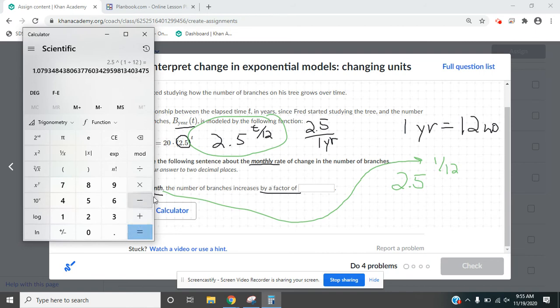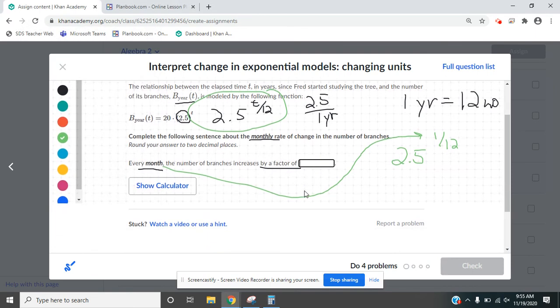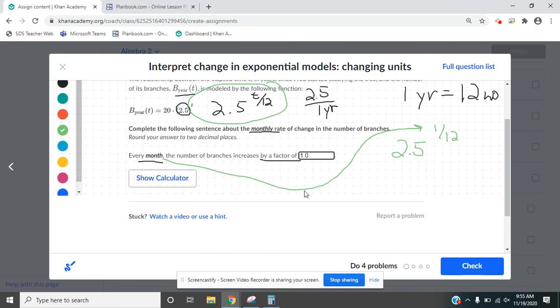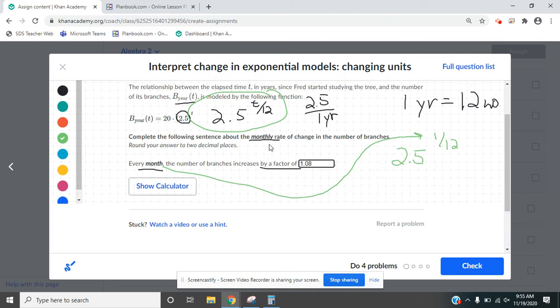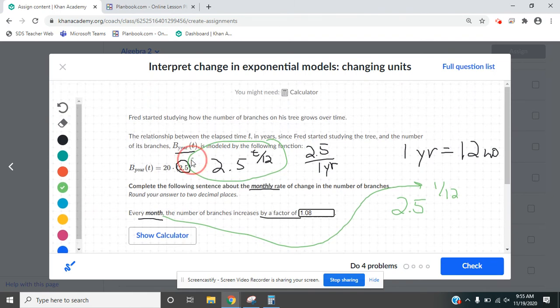Oh, gotcha. So this would be 1 point, what are we rounding to? 2 decimal places. So 1.08. All right, so I had to transform this into t over 12, saying it happened every 12 months. Then I have to say, all right, every 1 month. So it's just like the other question then where I plug in 1.